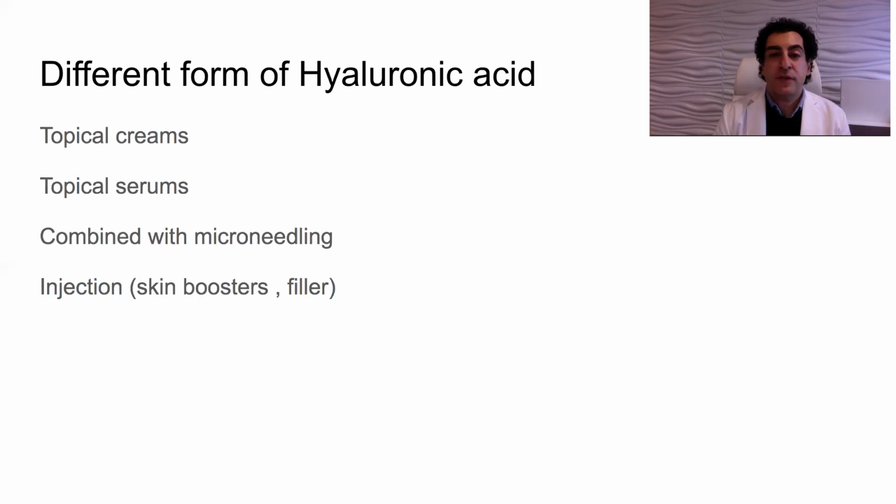There are different types of hyaluronic acid injections that we can offer you. It can be a very simple hyaluronic acid that just hydrates your skin, or sometimes we have a different type of hyaluronic acid that we use to give some volume back, as a filler, and we call it fillers. So next time you hear filler, most of the fillers on the market these days have a basic structure of hyaluronic acid as well.